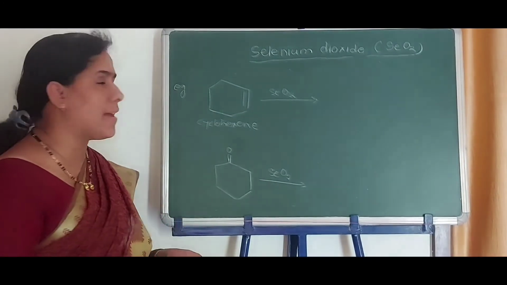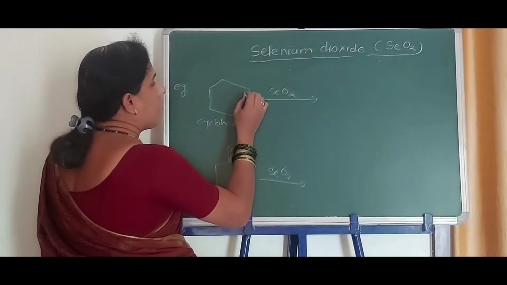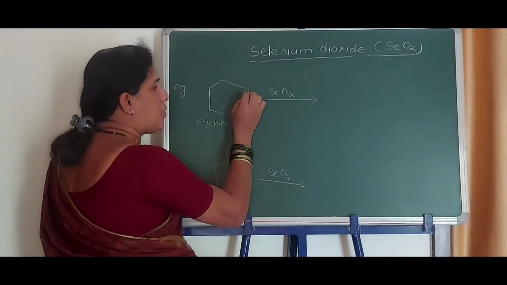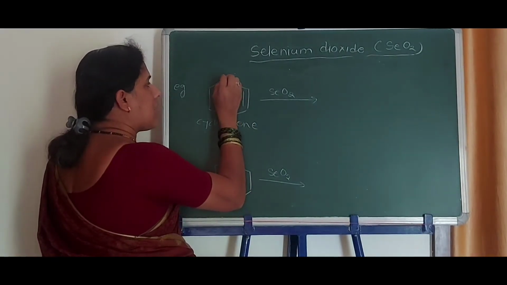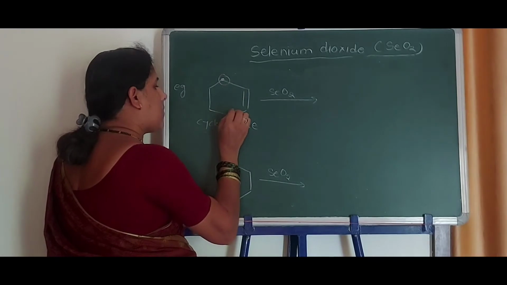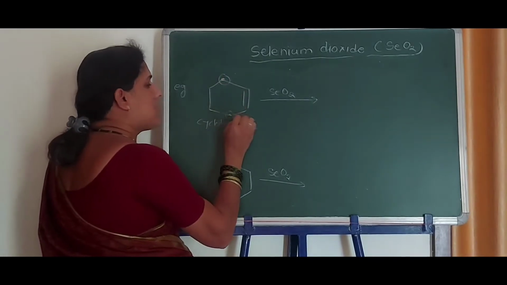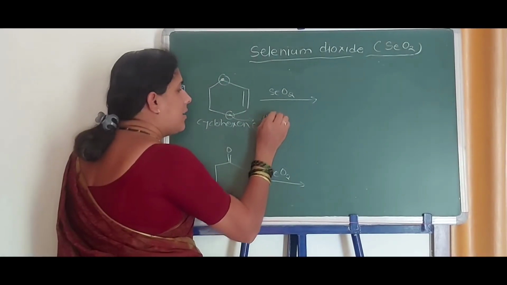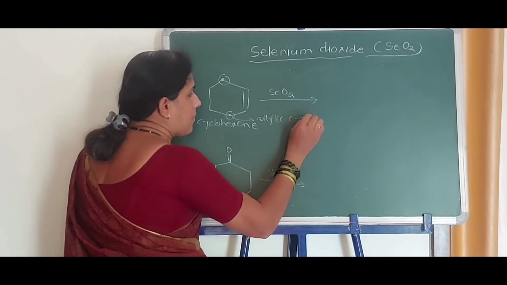Which carbon is called the allylic carbon atom? The carbon atom which is adjacent to the double bond, that is on this carbon atom or this carbon atom, is called an allylic carbon atom.